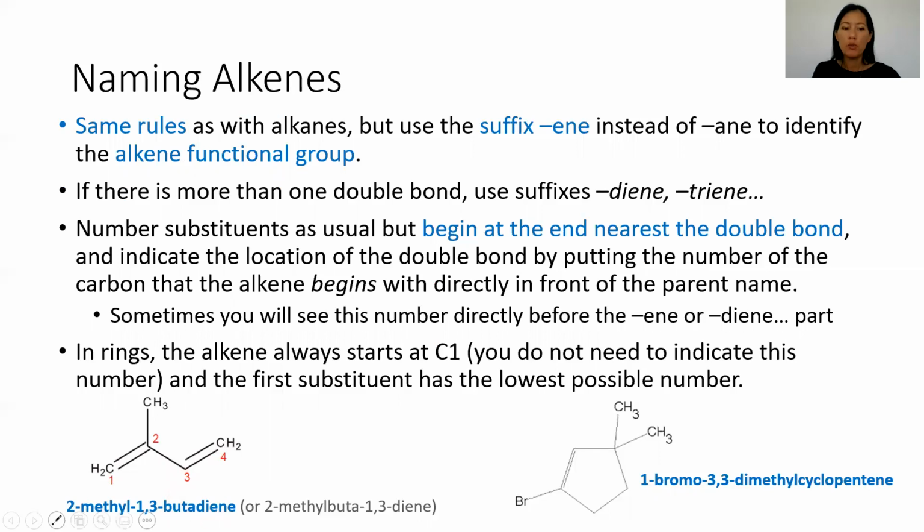If you want, you can also put that number for the double bonds right before the ene part. So you can also name this 2-methyl-buta-1,3-diene. Both are correct. It's your preference. Both would be correct on an exam.